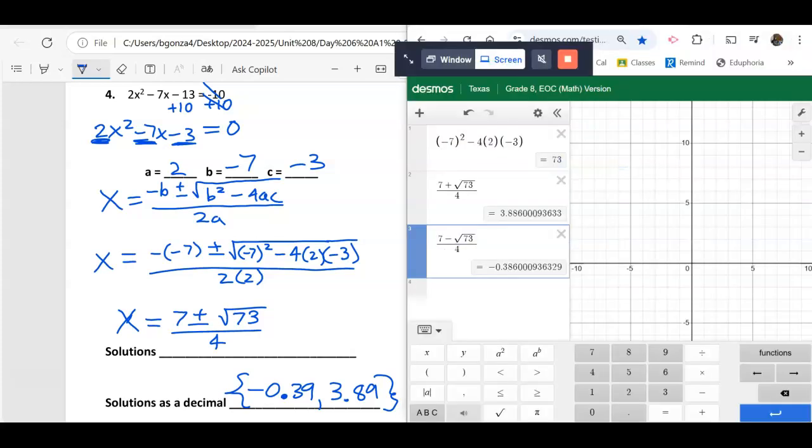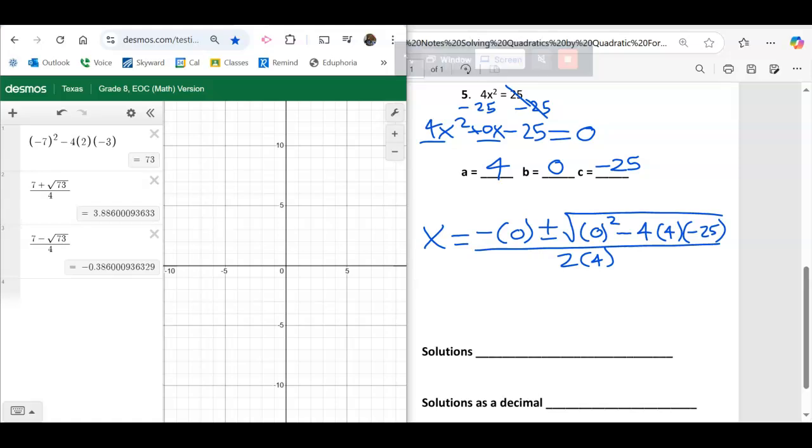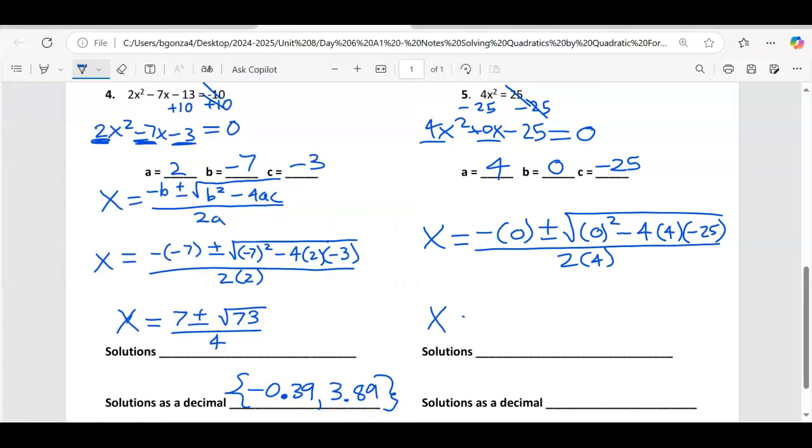And then we need to use Desmos. Here's the deal. Negative 0 cancels out. It's gone. So now I just have plus or minus.